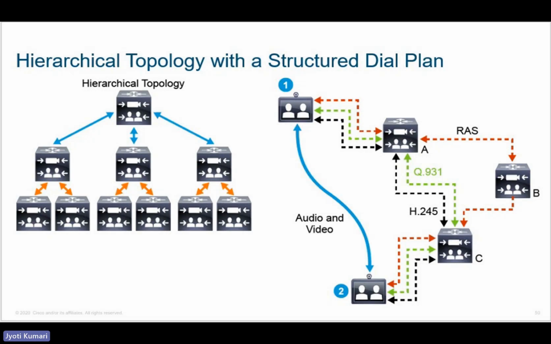In this scenario, we can see Expressway A, B, and C are neighbored together in a chain, with no direct neighbor relationship between Expressway A and Expressway C, but only Expressway A to Expressway B and Expressway B to Expressway C. If endpoint 1 wants to call endpoint 2, the signaling passes through Expressway servers A, B, and C. With optimal call routing, Expressway B recognizes that there is no need for it in the call and drops out of the call, so the signaling passes directly between Expressway A and Expressway C.